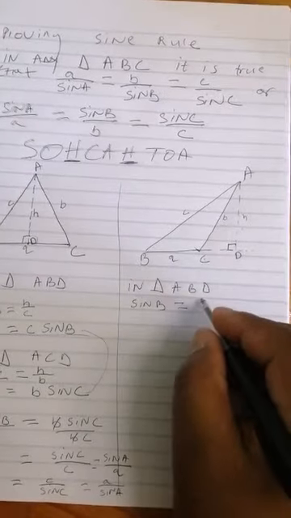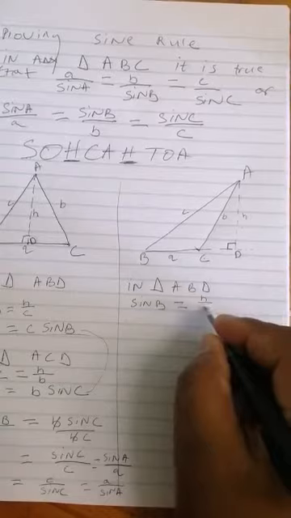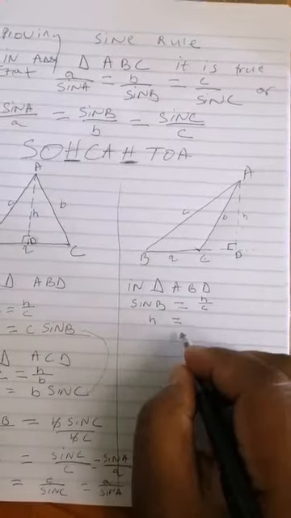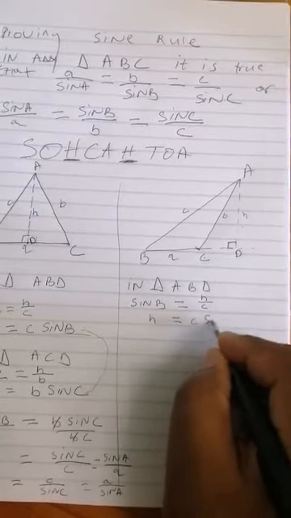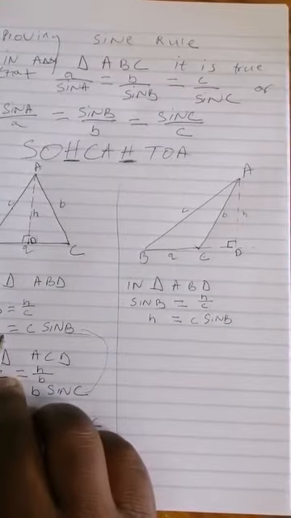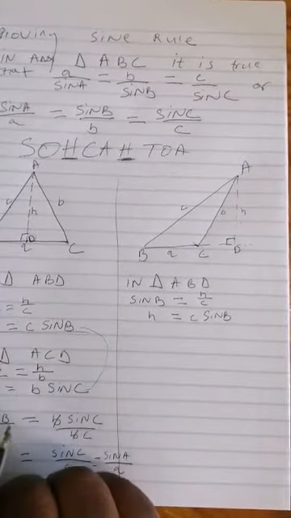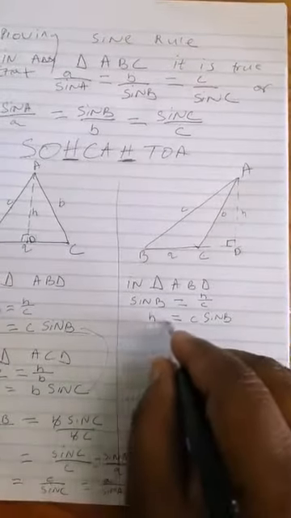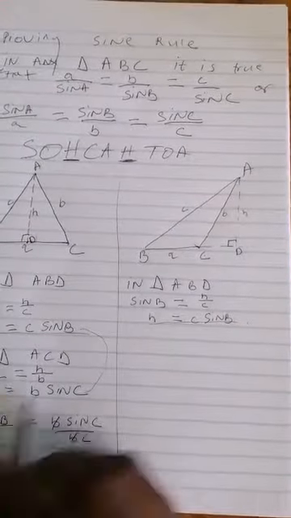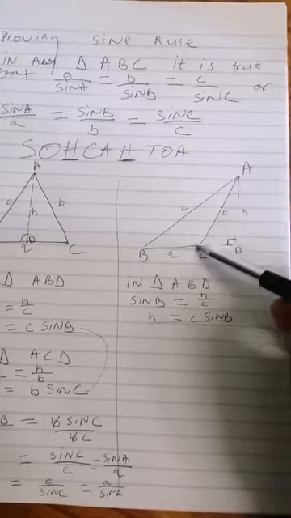It will be h over c. So the height will be c sine B. See, the same thing that we found there. Okay, we've got our height here, and now we look into the smaller triangle, this triangle.